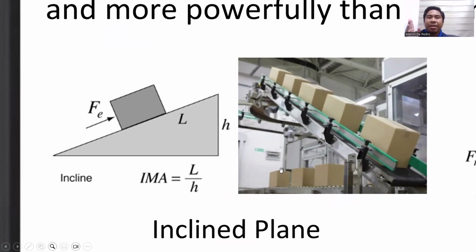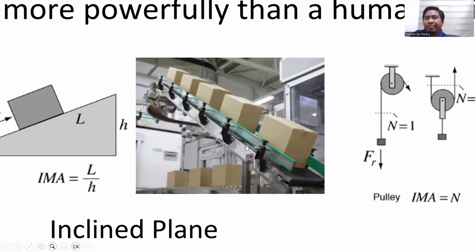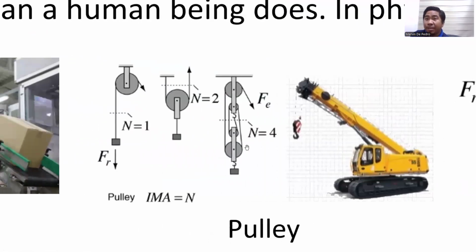What I want you to realize is that we basically use the same principles we have learned in physics regarding inclined planes. We just apply them. Same thing with the pulleys.